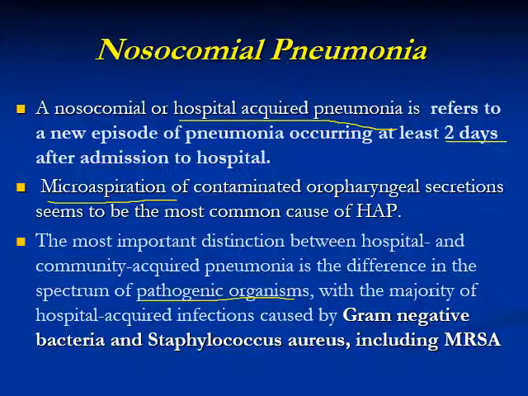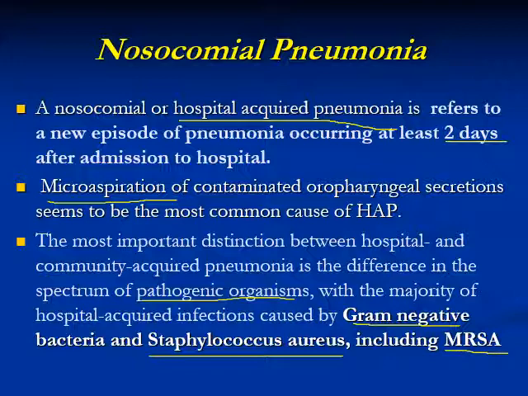So usually the majority of the hospital-acquired pneumonia is caused by gram-negative bacteria and Staph aureus, usually including MRSA. What does MRSA mean? Methicillin resistant Staph aureus.